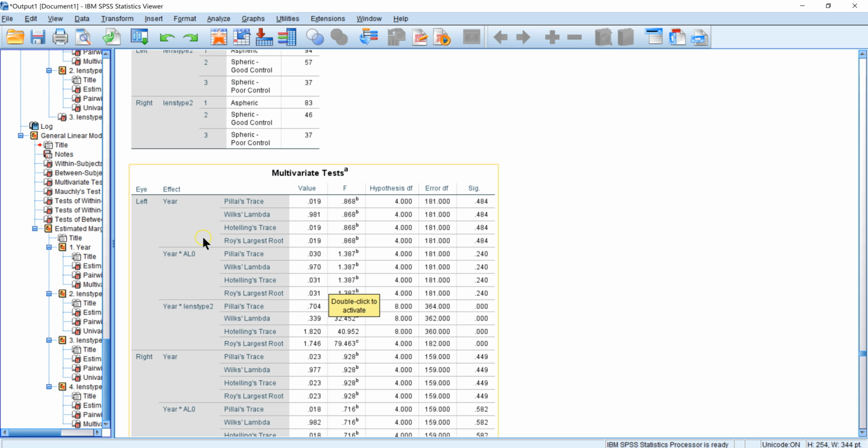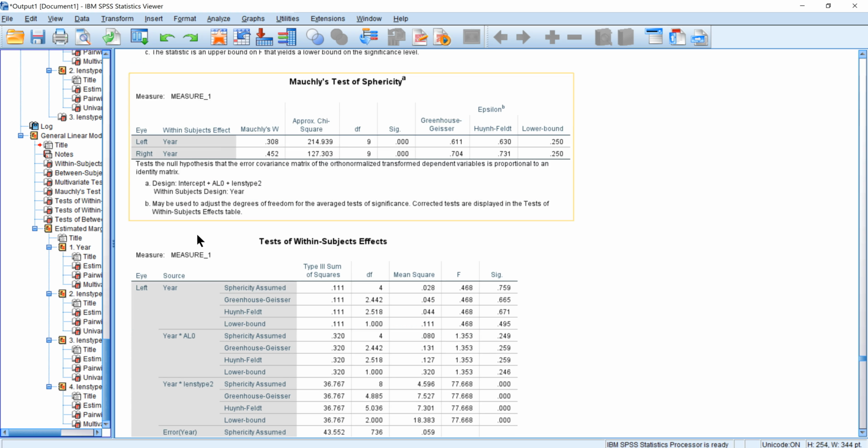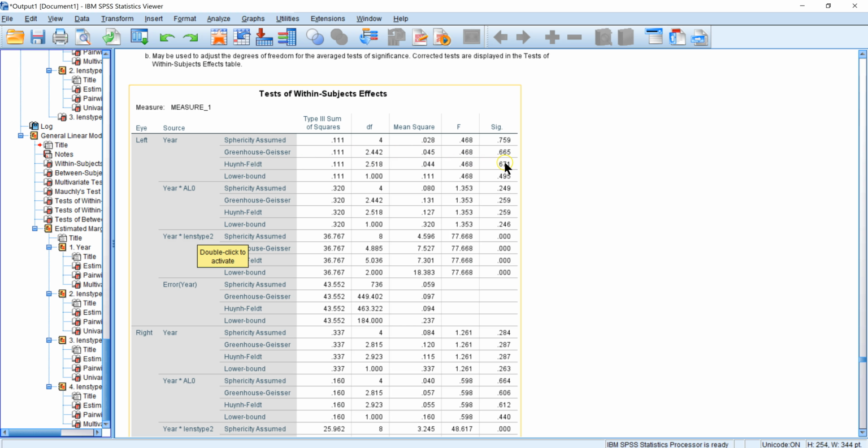And interestingly, when we did the repeated measures, it adjusted by baseline as well. We don't normally want that, but we see that we don't have an effect on the left. Oh, that's multivariate tests. We don't have a significant effect of year.